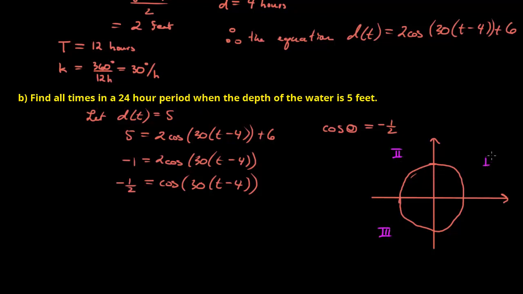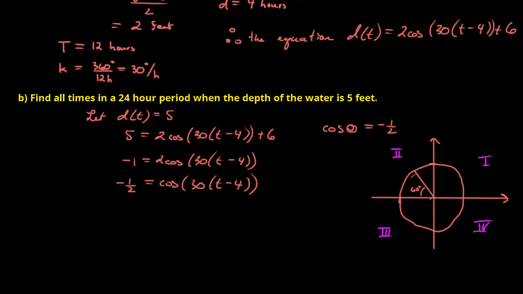So this is quadrant 1, quadrant 2, quadrant 3, and quadrant 4. So cosine is negative in quadrant 2 and quadrant 3. And now let's think about what the angle is. The reference angle is 60 degrees.